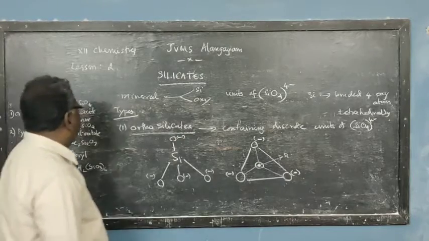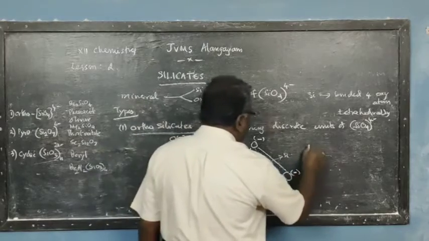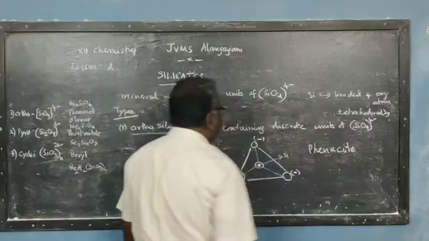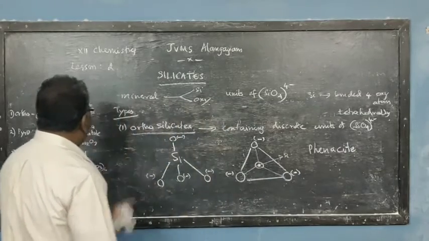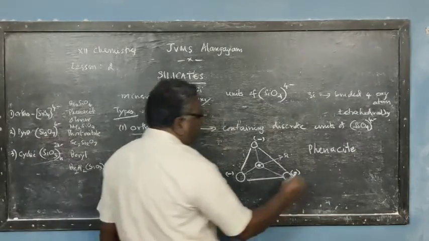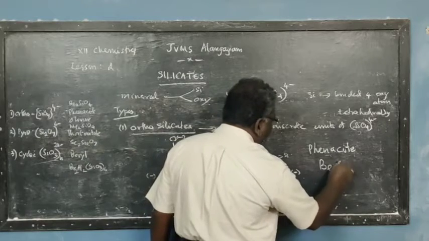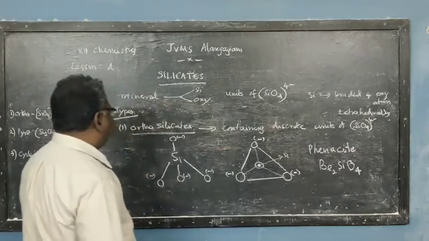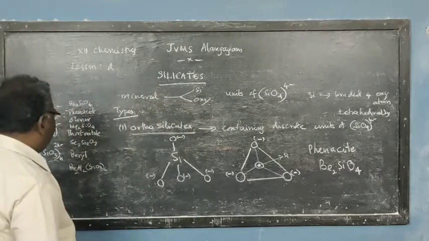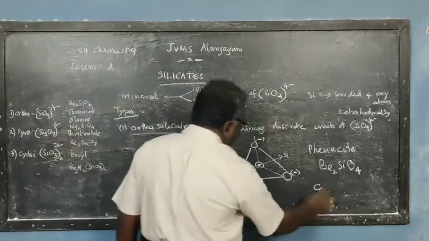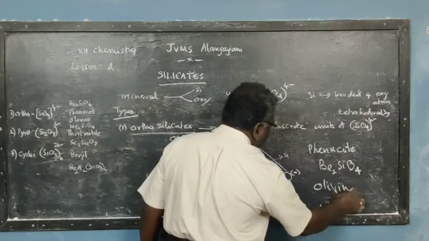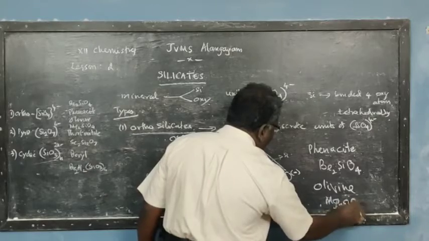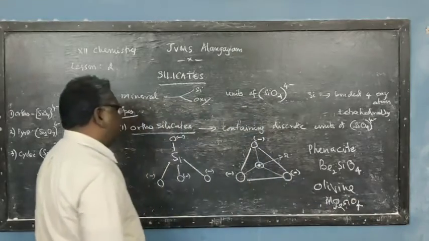For the orthosilicates, the example that is given here is phenacite. Phenacite is an orthosilicate which is the silicate of beryllium. It is beryllium silicate, right? And there is one more silicate that is also given as an example, that is olivine, which is magnesium silicate. These are the examples of orthosilicate.